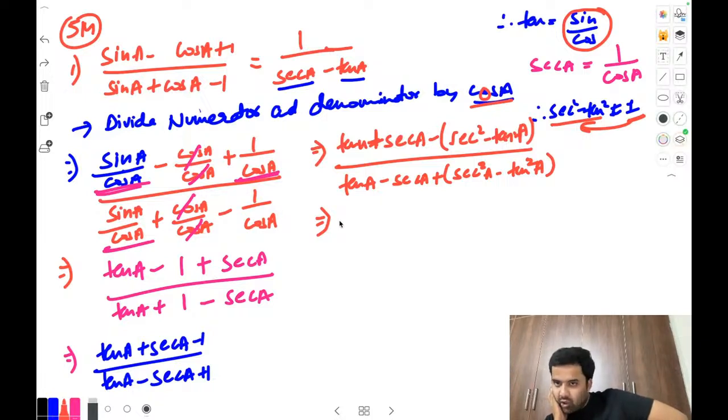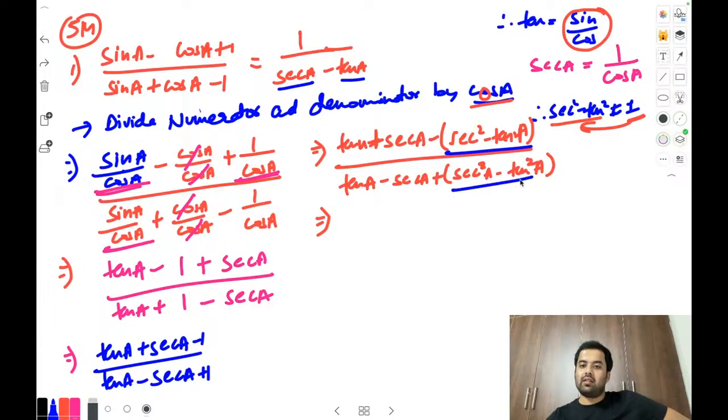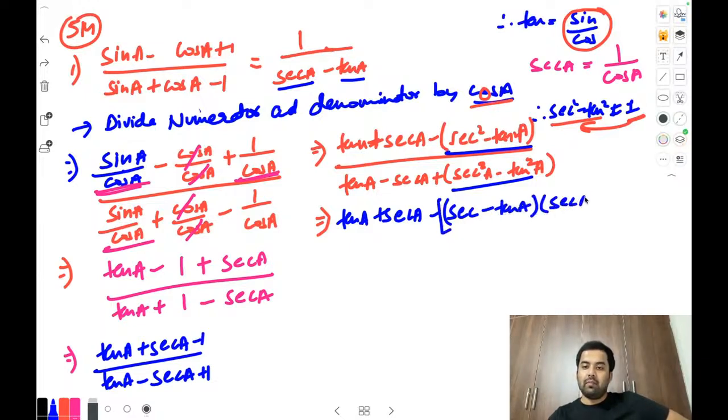If you see, can we take common anything here? First thing, just understand that it is based on the a square minus b square pattern, the thing which we did in the last question. So tan a plus sec a, minus a plus b and a minus b.